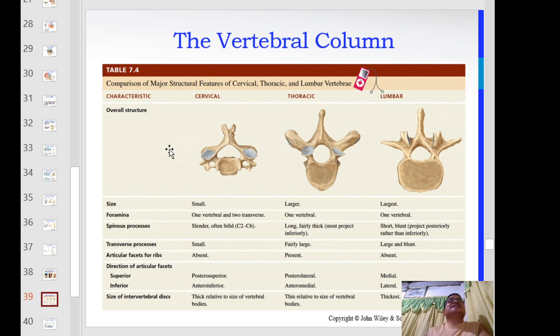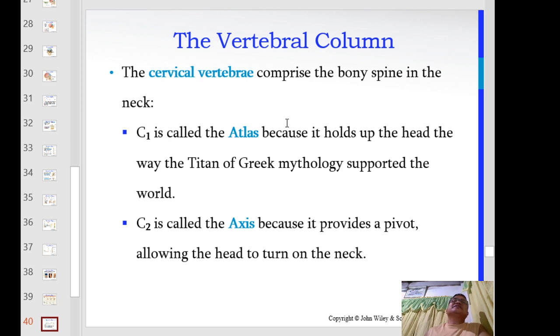Okay, so this is the vertebral column. Now the vertebral column is divided. Your cervical region has a different kind of vertebra, and its structure is different from the other vertebrae. They are different from each other. We have the C1, which is called the atlas because it carries the cranium directly.